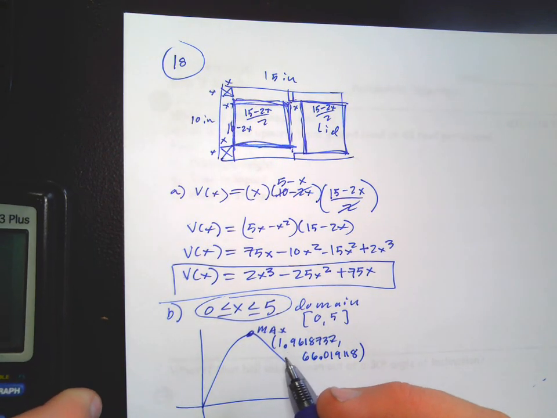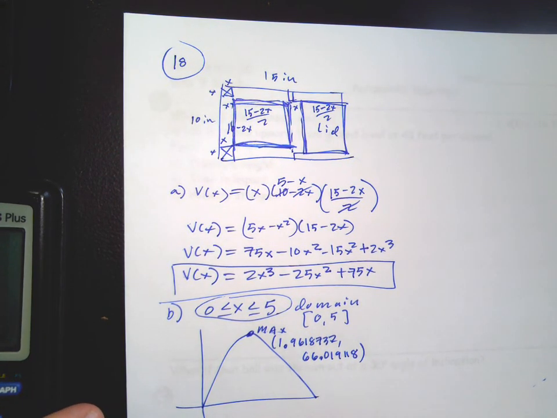So this is part C. We're trying to find the maximum. We're going for maximum volume. The maximum volume is 66.019.